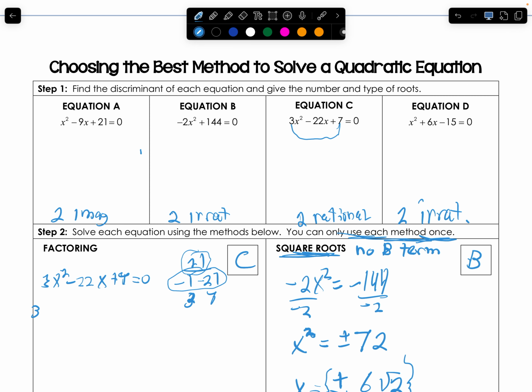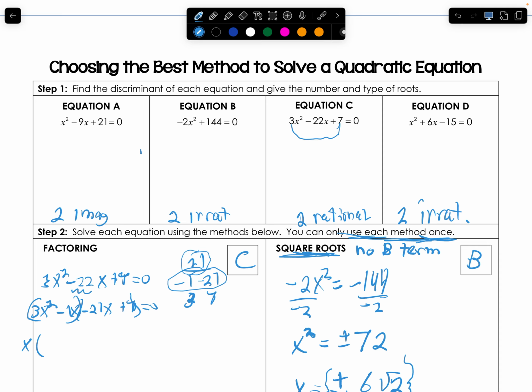So copy the beginning. How many times have we done this? A million, right? Minus 22x is the same thing as minus 1x minus 21x plus 7 equals 0. And I would factor out. Since you already know this pretty well, I'm doing it kind of fast. You can slow the video.